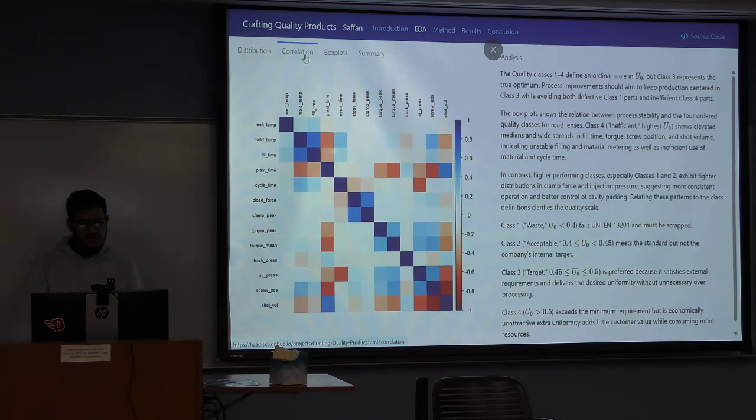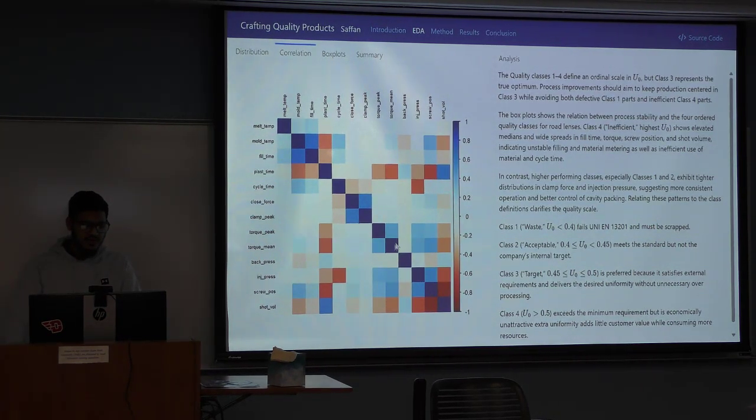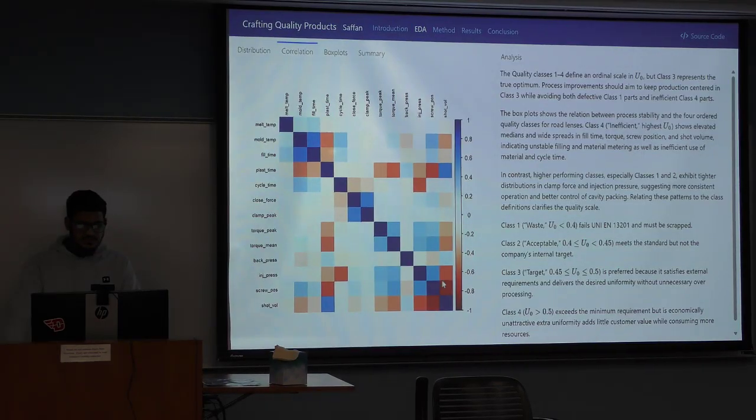Here we can see the correlation, which shows a very distinct correlation between different variables. The higher performing classes, especially classes 1 and 2, exhibit tighter distributions in clamp forces and injection pressures, suggesting more consistent operation and better control of cavity packing. Relating these factors to the class definition clarifies the quality scale.